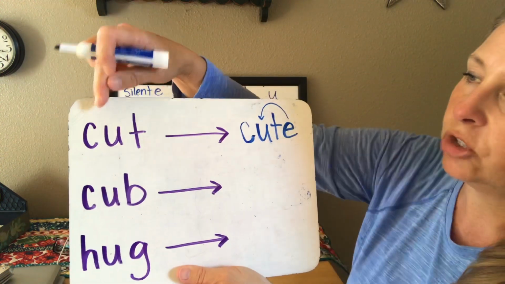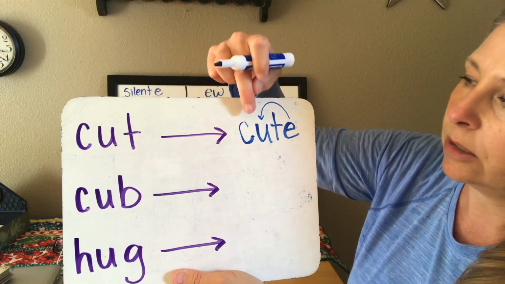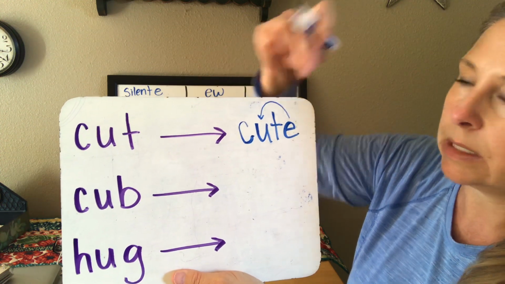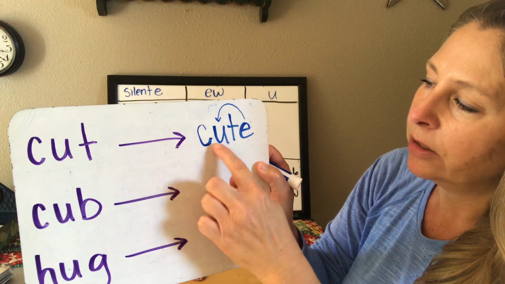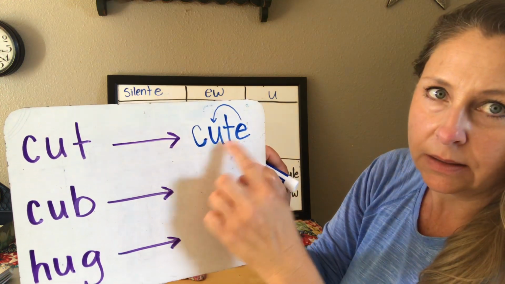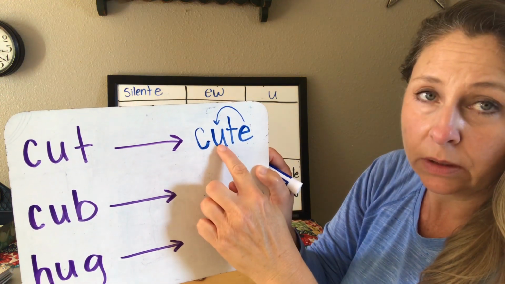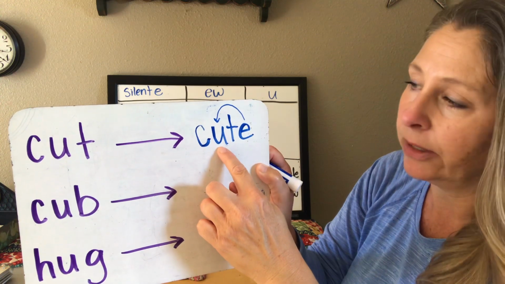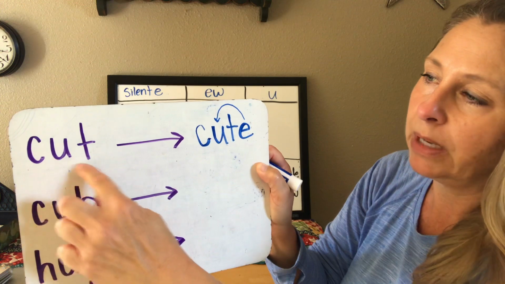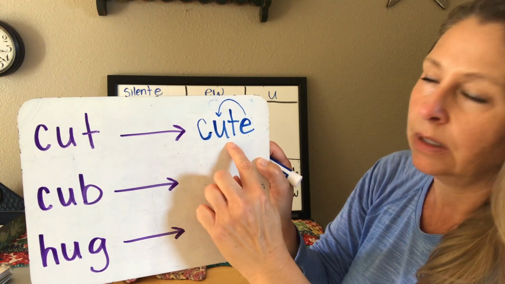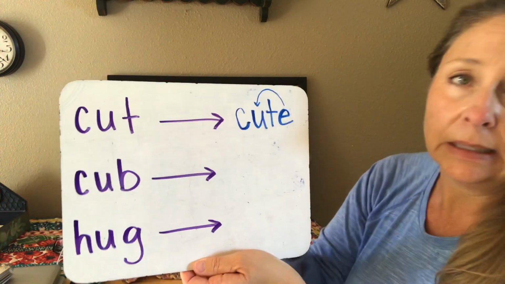So it's going to change cut to cute, okay? This is not k-u-t-e, this is k-u, U is saying its name, the letter name, cute. So from cut to cute. All right, so that's the silent E rule.